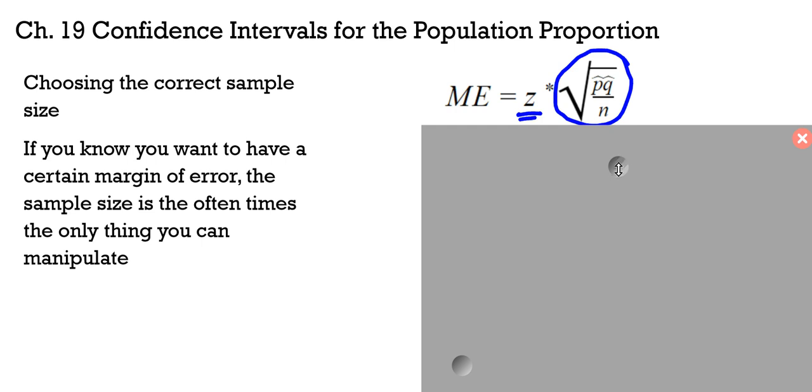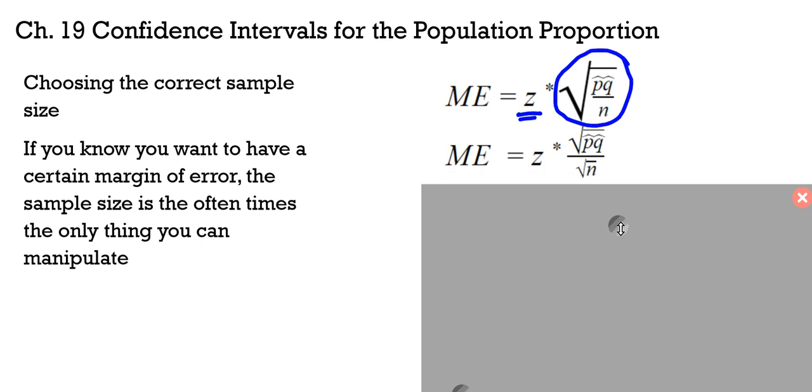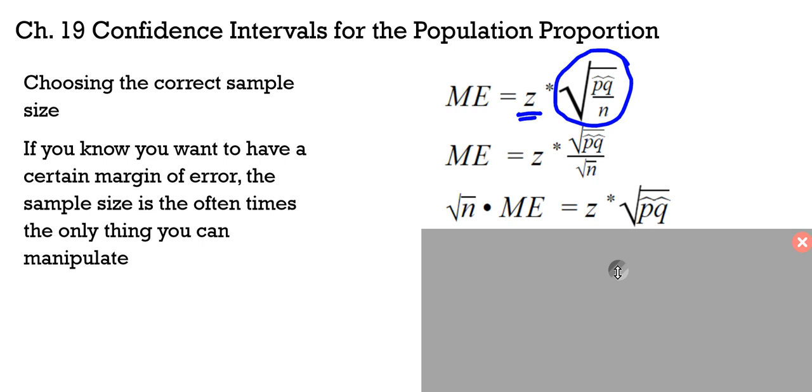So it's really just a lot of algebra. First things first, we want to remember that the square root of a fraction is the same as the square root of the numerator divided by the square root of the denominator. But hopefully you're not having too many flashbacks about algebra as we proceed here. We've got to get that square root of n out of the denominator, so we're going to multiply both sides by the square root of n.